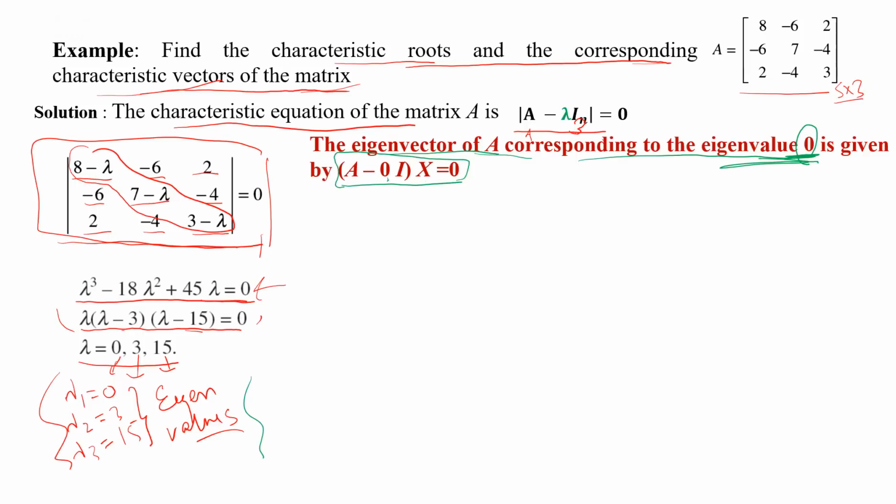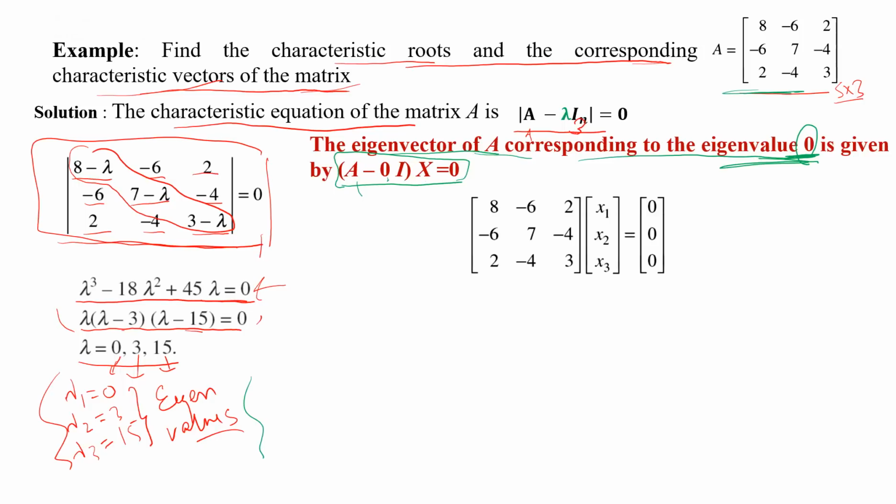Here A is the coefficient matrix 8, minus 6, 2; minus 6, 7, minus 4; 2, minus 4, 3, and we take a vector x with components x1, x2, x3, because this matrix is obtained from a system of 3 linear equations, so we have 3 unknowns.